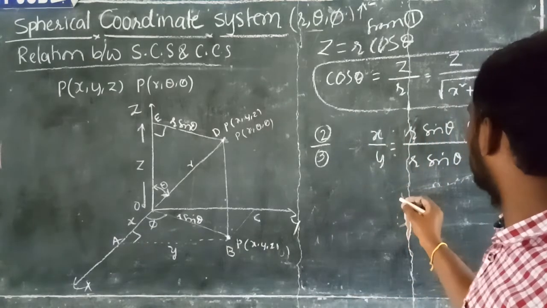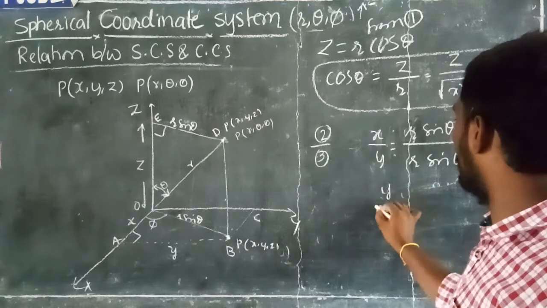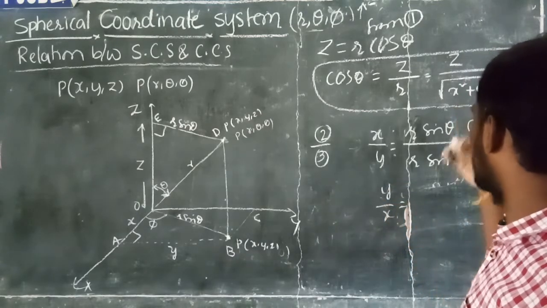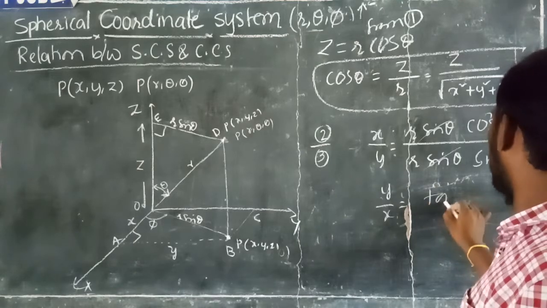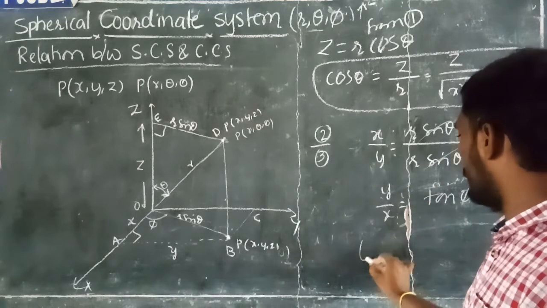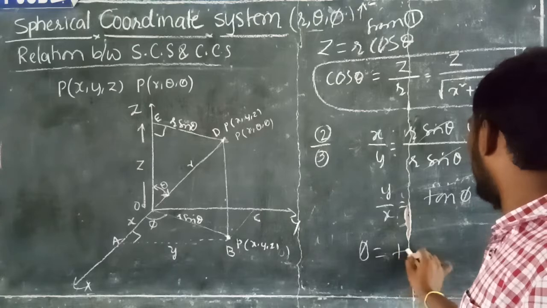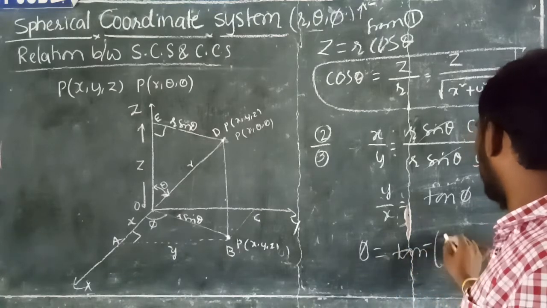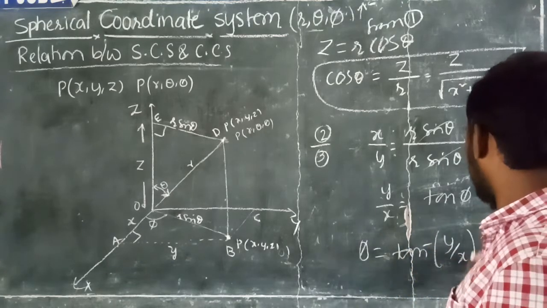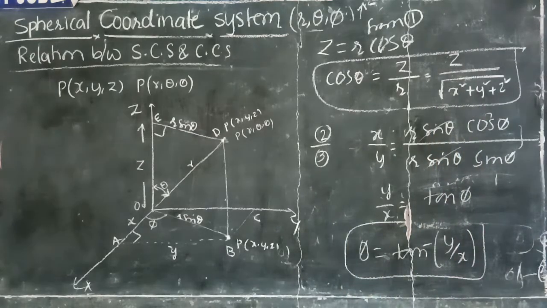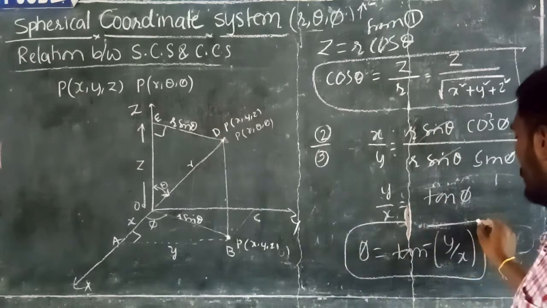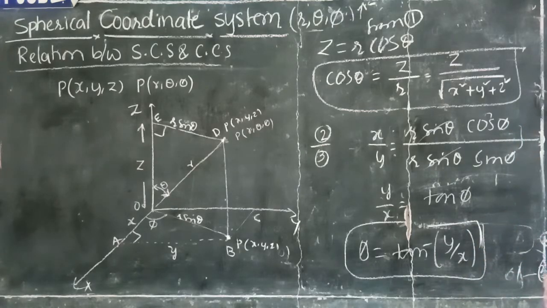So if you divide equation 3 by equation 2, y by x is equal to tan phi, since sin theta cancels. So phi is equal to tan inverse of y by x. This is the relation between the Cartesian coordinate system and the spherical coordinate system.